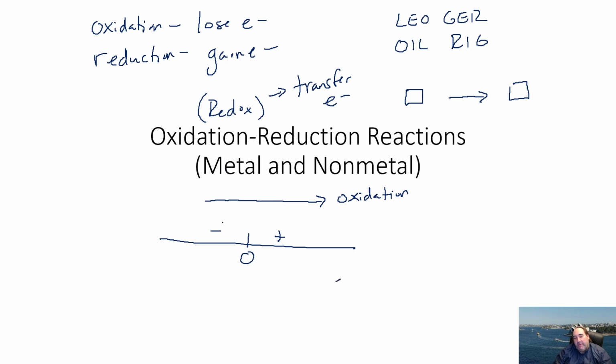That means they would be moving on the number line in the negative direction, and that would be something going through reduction. So if you can figure out the oxidation numbers, states, or charges of everybody on each side of the arrow, you can figure out what's being oxidized and what's being reduced.